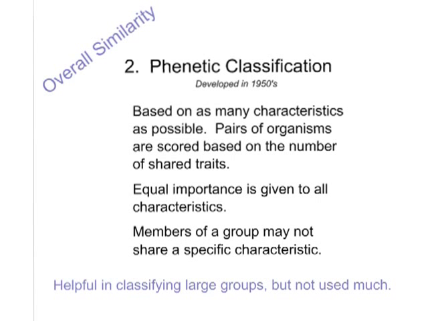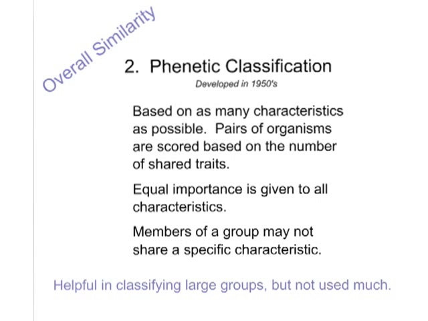A second way we can classify organisms is phonetic classification. This was an approach that was developed in the 1950s, along with the next approach we're going to look at. And the idea behind this is that as many characteristics as possible are taken into consideration, and all of those characteristics are given equal importance. So pairs of organisms or groups of organisms would be scored based on the number of shared traits.